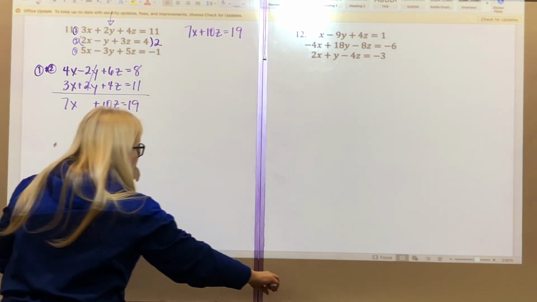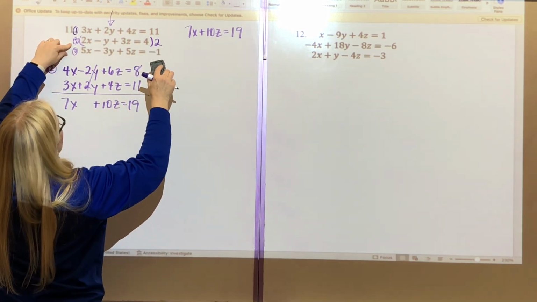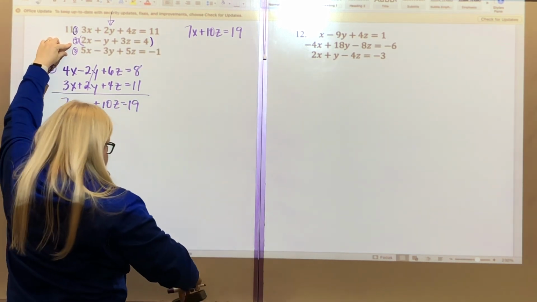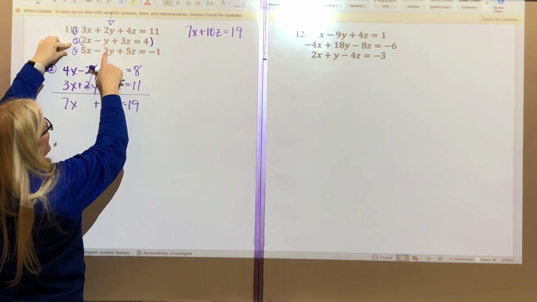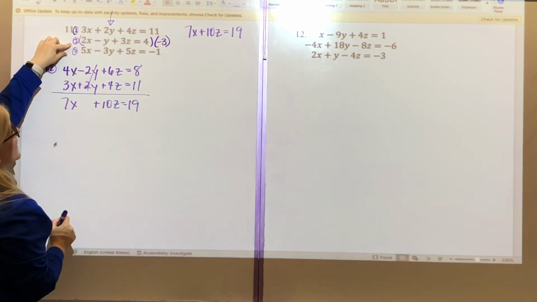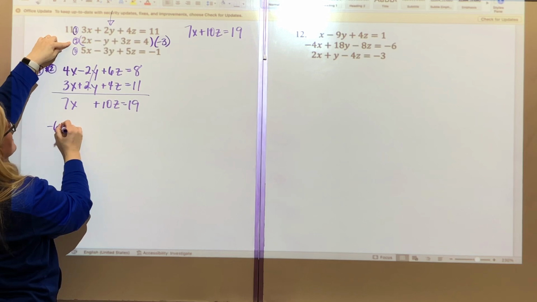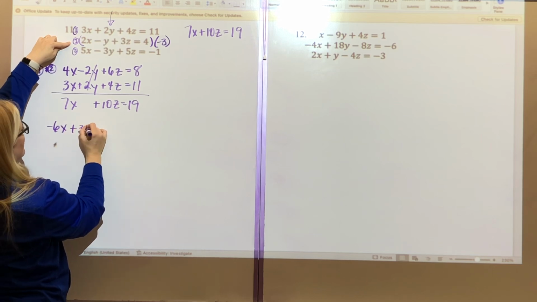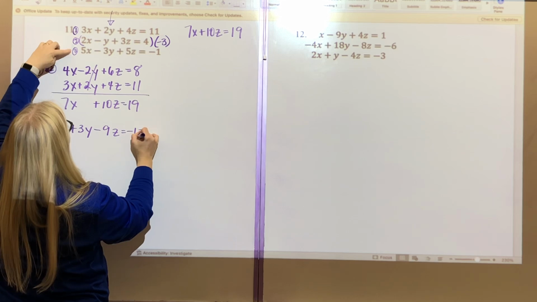So now I am going to use 2 and 3, but I need a positive 3 here to cancel this negative 3. So I need to multiply through all of this by a negative 3. So I have negative 6x plus 3y minus 9z equals negative 12.